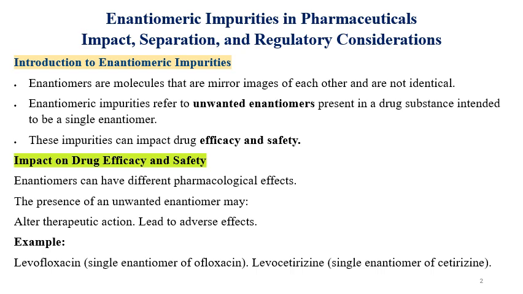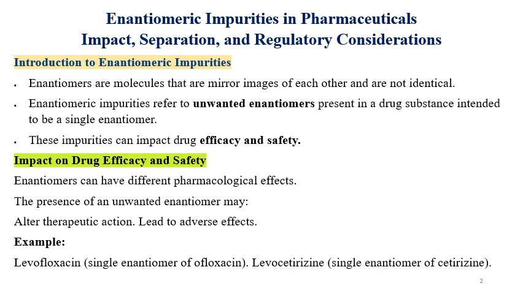See, enantiomeric impurities are the enantiomers of the API or of the drug substance in the formulation. Enantiomers are molecules that are mirror images of each other and are not identical.